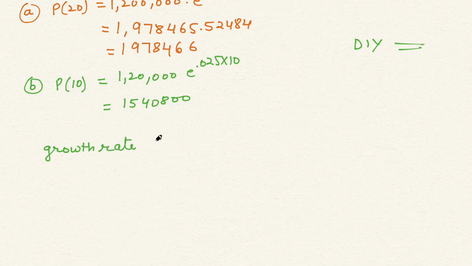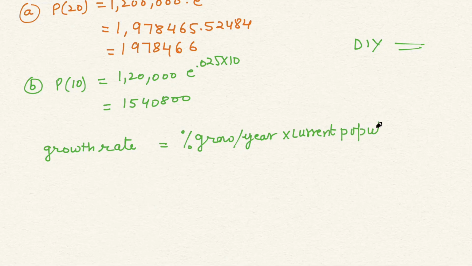So growth rate at this time is equal to percentage of growth per year into current population. Now you have to think why I am applying this formula. Current population means population after 10 years. So what is the percentage growth? Okay, this is from the question itself.